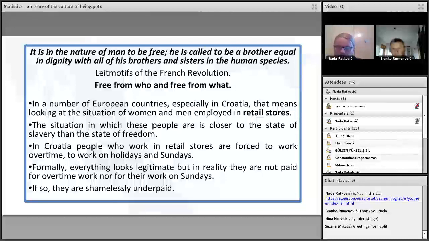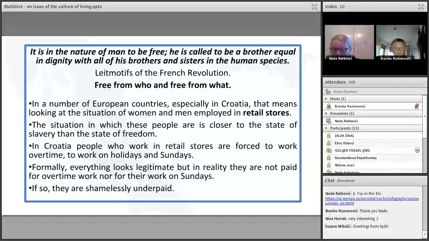Here is a little historical background from the leitmotifs of the French Revolution. It is in the nature of a man to be free. He is called to be a brother, equal in dignity with all his brothers and sisters in the human species. Dear participants, do you agree with this from the French Revolution?